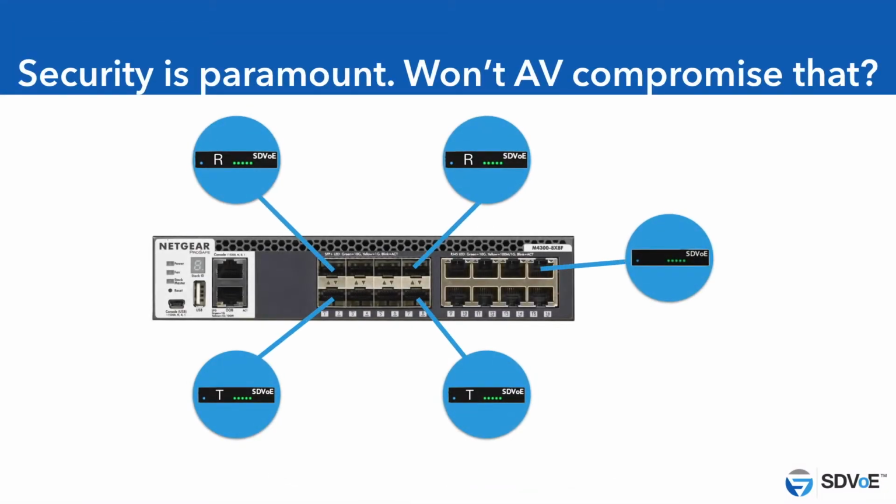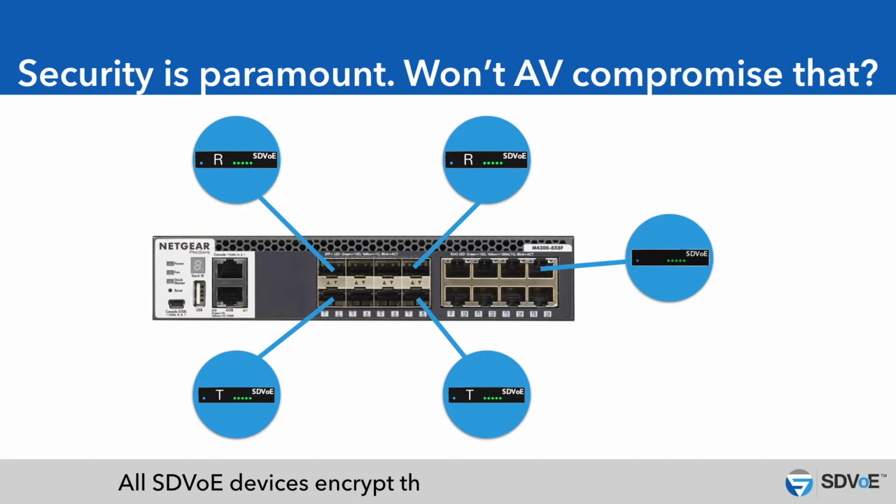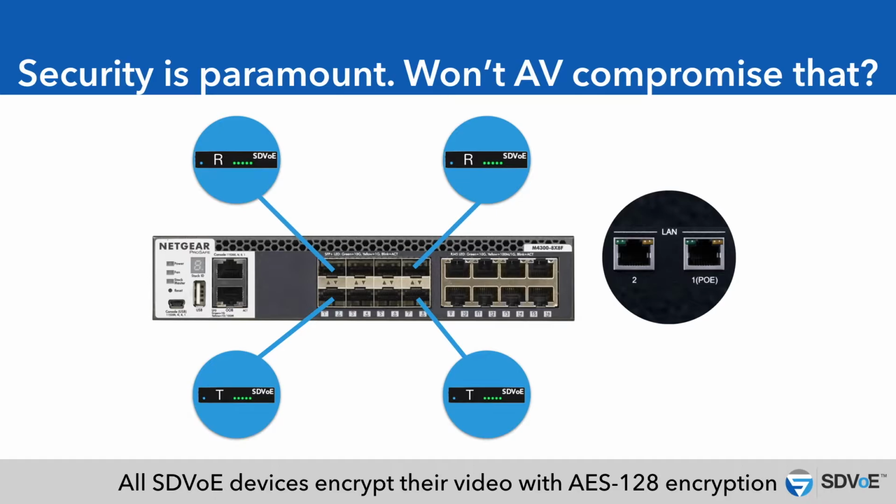Security is a main concern for any IT professional, but this concern is unnecessary because all SDVoE devices encrypt their video with AES 128-bit encryption, regardless of whether or not the content was protected on the HDMI link. Many SDVoE controllers also feature dual LAN capability, which allows them to be connected to two separate networks, enabling remote access while protecting the main network which has all the endpoints connected to it.